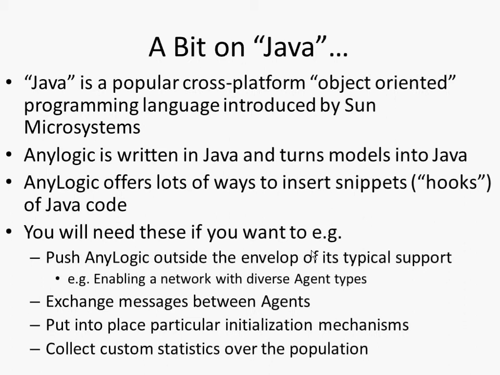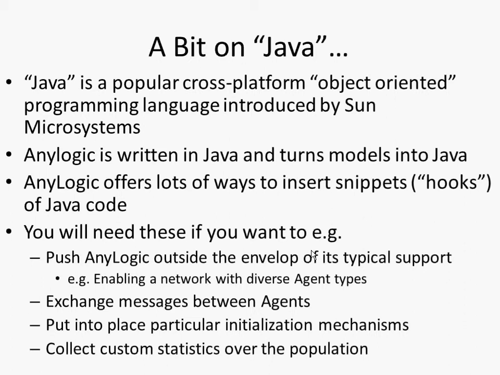So we bundle together the information about the agent together with its state charts, together with its functions, and we can ask, for example, an agent, give me your number of connections, or give me your ethnicity, or give me your sex, or we could tell it, connect me to you, or something along those lines. So that's an aspect of object orientation. We group together things into objects, and a classic object would be an agent. The agent maintains information on its state, and it maintains information on its properties, bundled together.